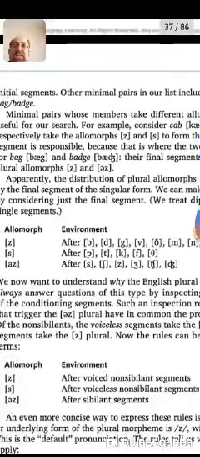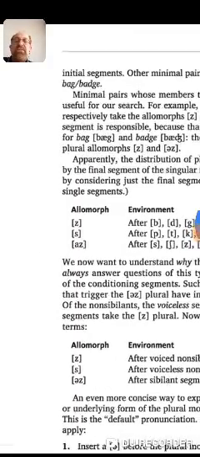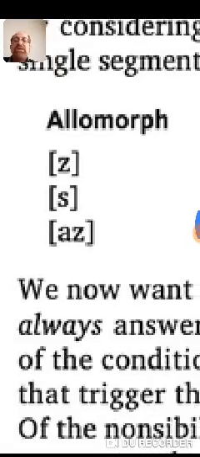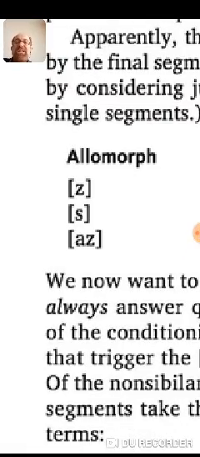Now we said that we look at the last sound of the word to see which of these three allomorphs, three variations, is going to be added: z, s, or ez, like this, upside down e and z.